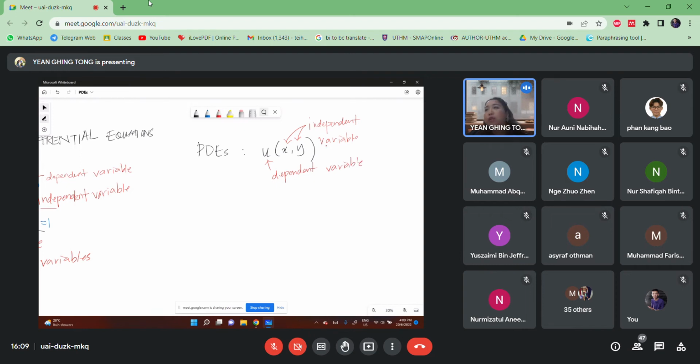So for the PDE, that means it will have two, or it can be more than two independent variables. And the dependent variable here, in the example, u is the dependent variable.